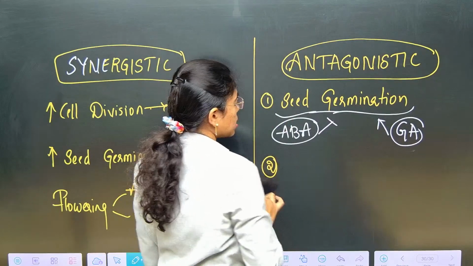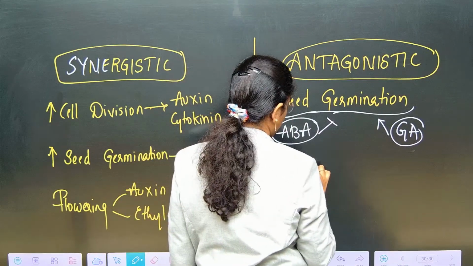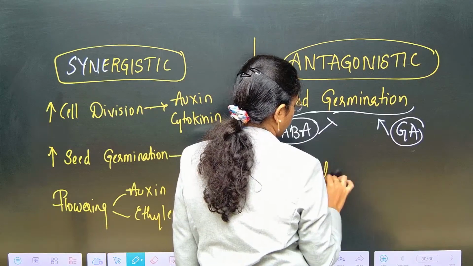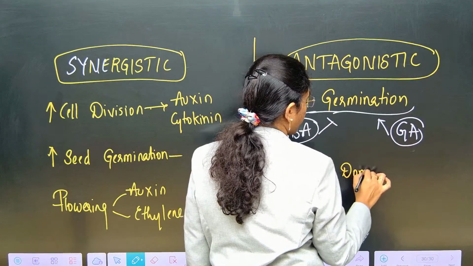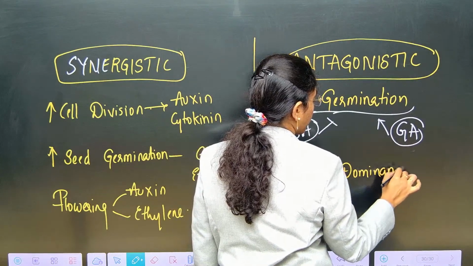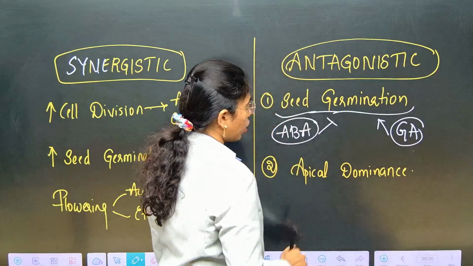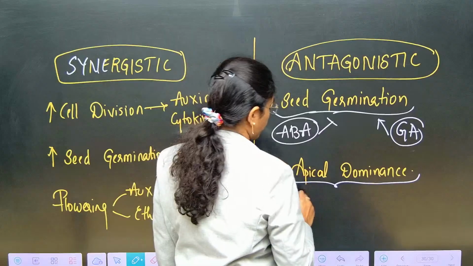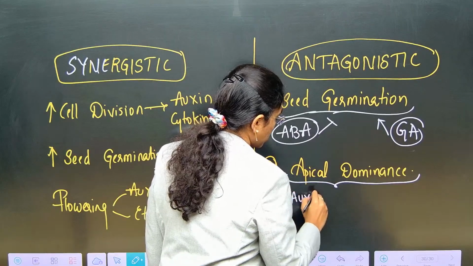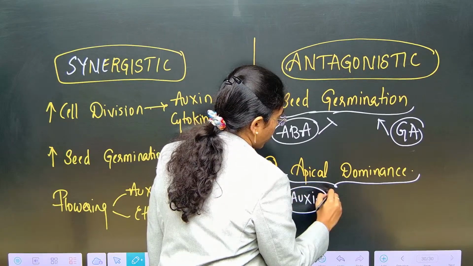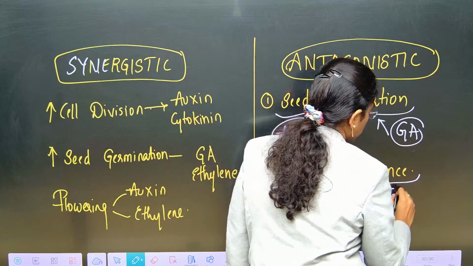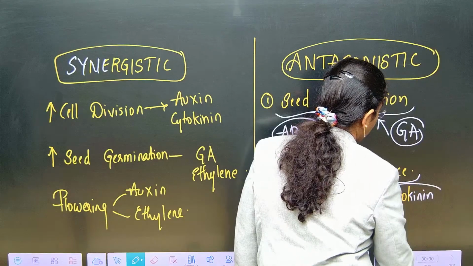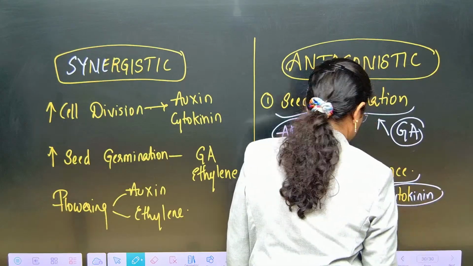Second is cell proliferation or cell division, or you can observe apical dominance. With respect to apical dominance, auxin will promote apical dominance, whereas cytokinin will inhibit apical dominance.